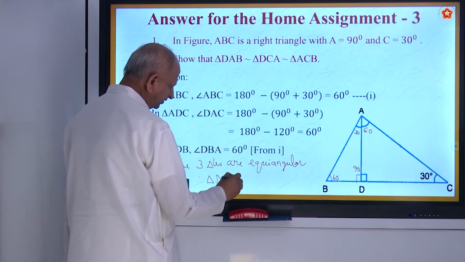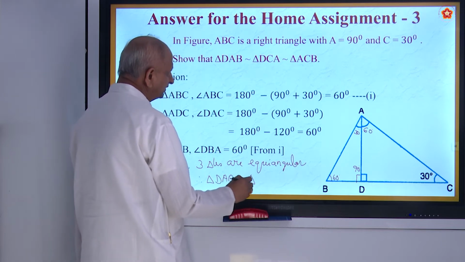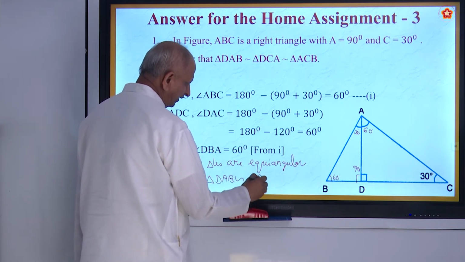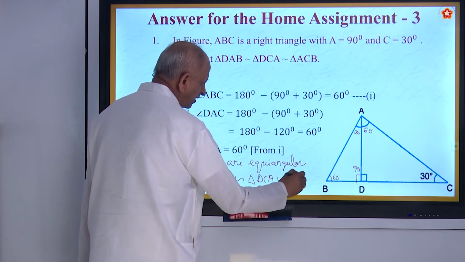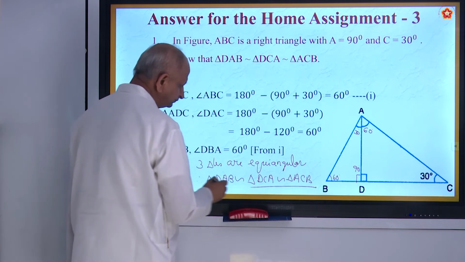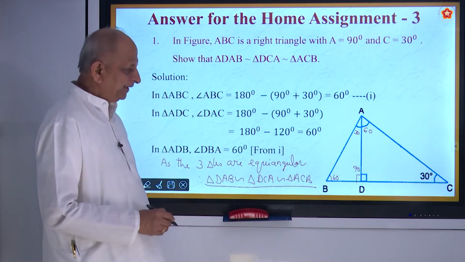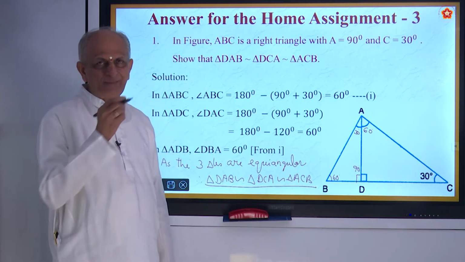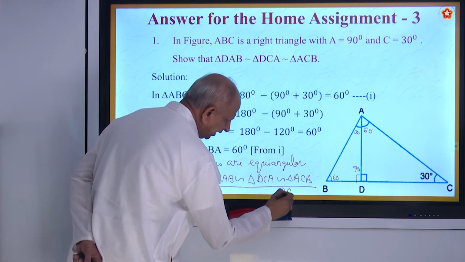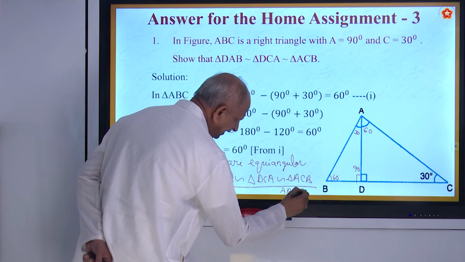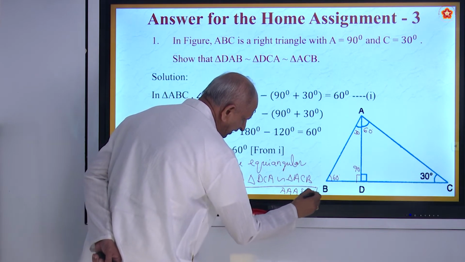Anyway, you can take, there is nothing wrong. Triangle DCA is similar to triangle ACB by AAA similarity. So this is possible by AAA angle similarity.